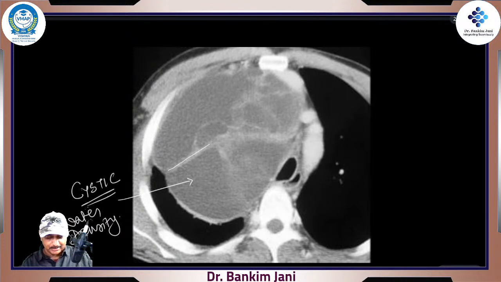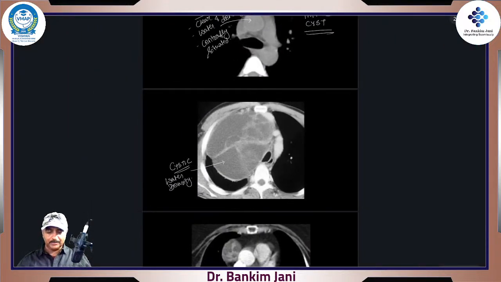Can you see a septa? Another septa. See clear septas. Septa means partitions, all the way from one end to another end. If I just unzoom it, you'll be able to see it still more clearly.